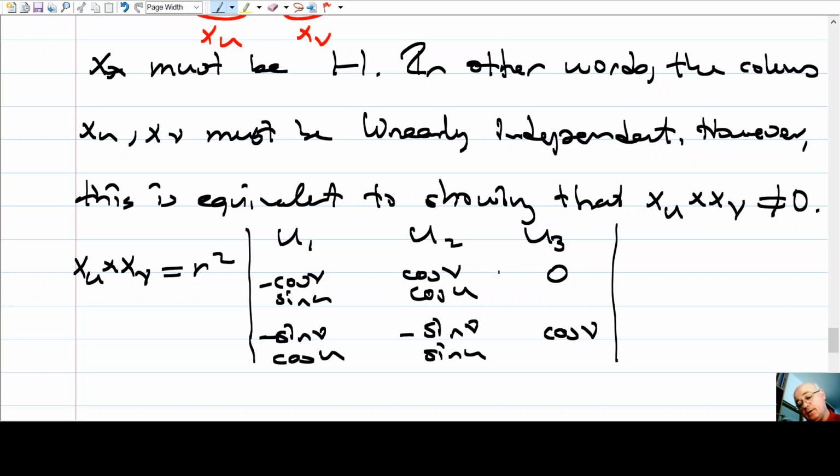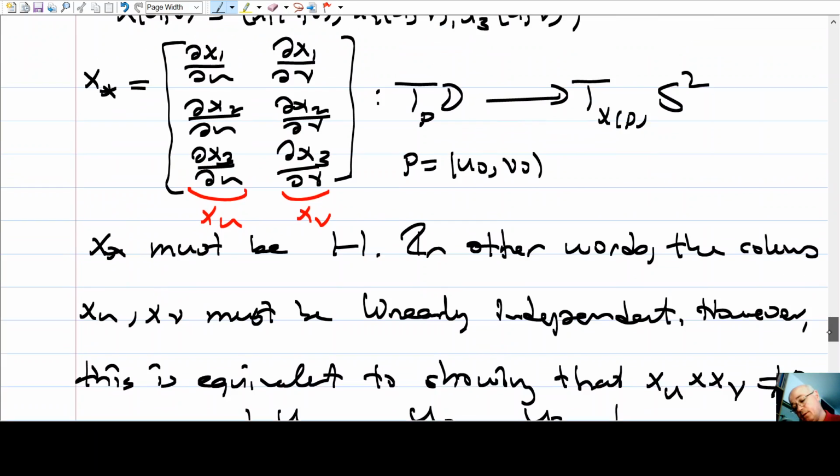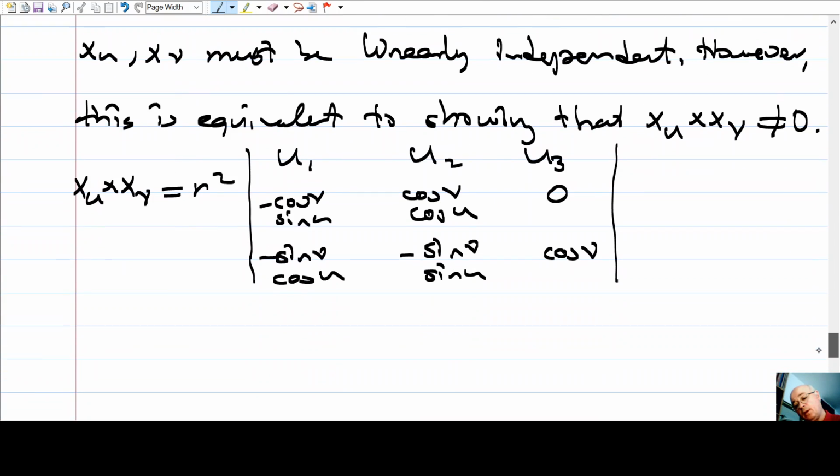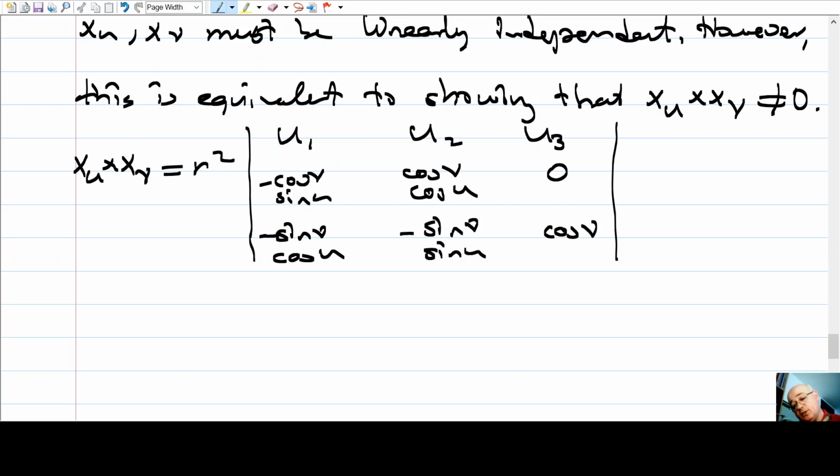This is x sub u, and this is x sub v. If you compute the determinant, let me tell you what you get.